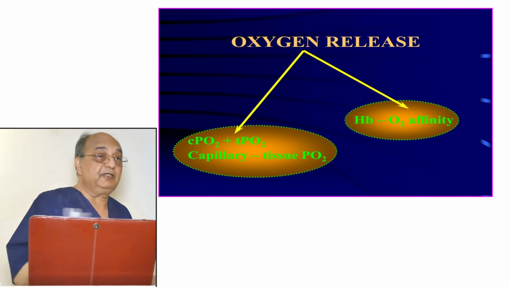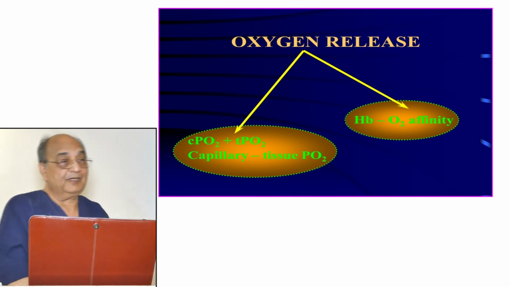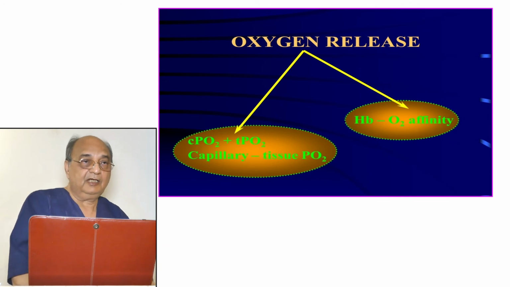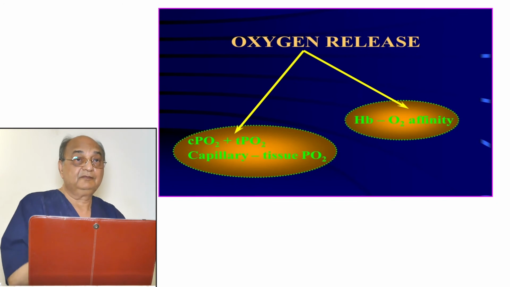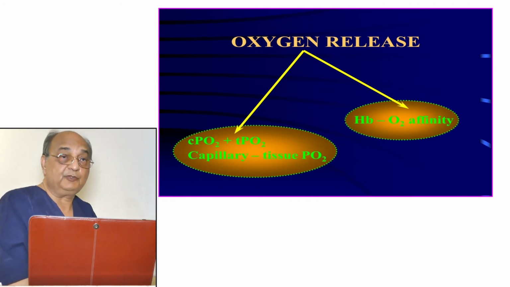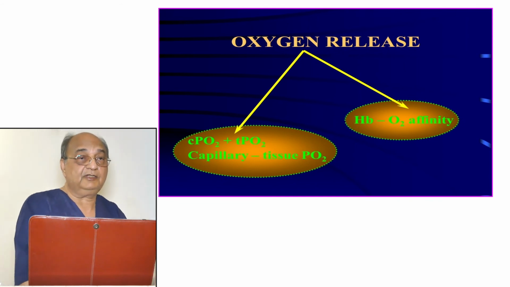Then there are some additional factors also for diffusion. You will have to look at what is the pressure of oxygen at the tissue level and what is the pressure of oxygen at the capillary level. It has to be different. That's one of the reasons why the carbon dioxide comes from the tissue and goes into the RBC. Because the RBC doesn't produce any carbon dioxide, because nature has not put mitochondria there.